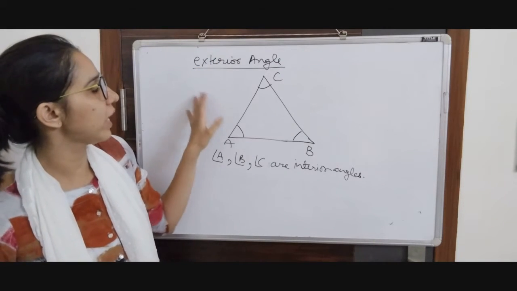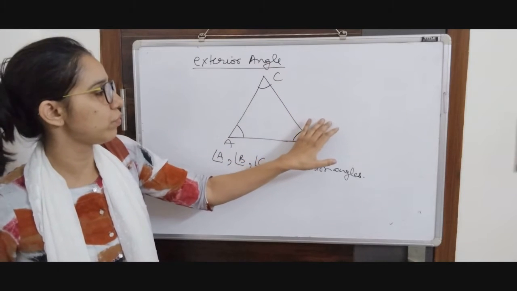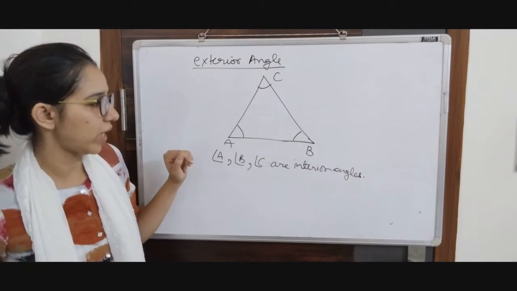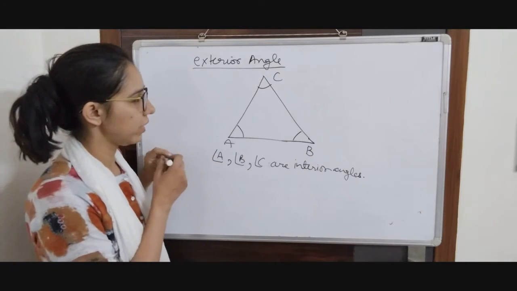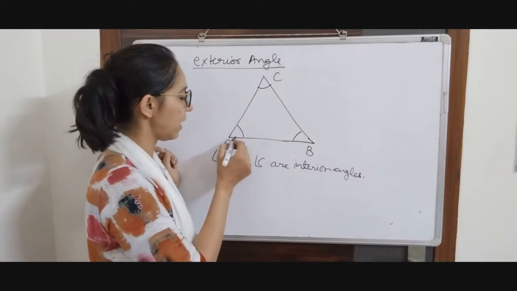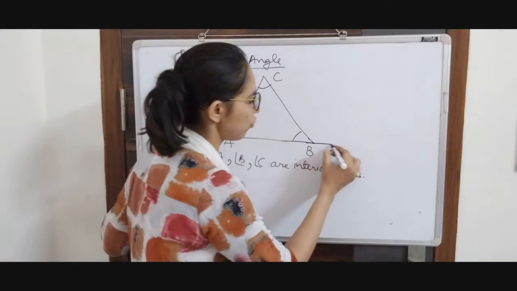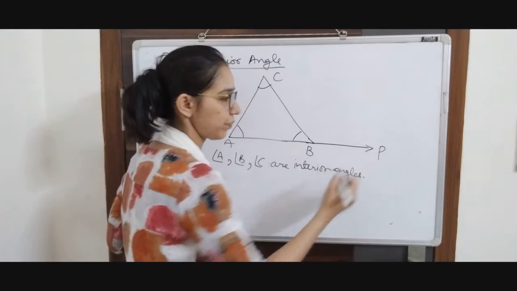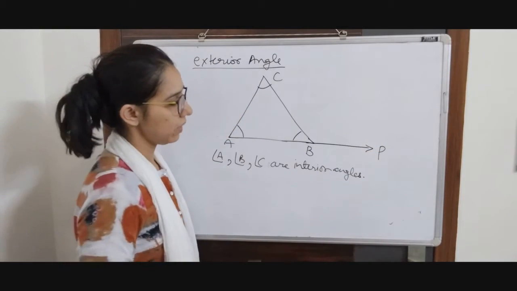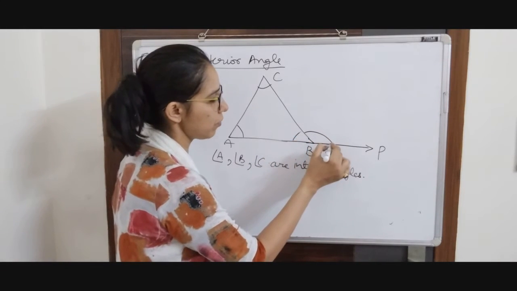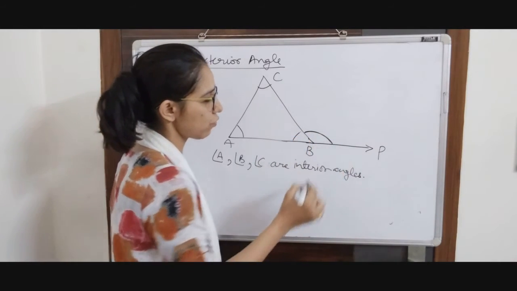So we know that they are going to lie in the exterior of the triangle. How will you make it? You will extend a side. Suppose you extend this side AB, like this, as ray AP. Now an angle is formed here.